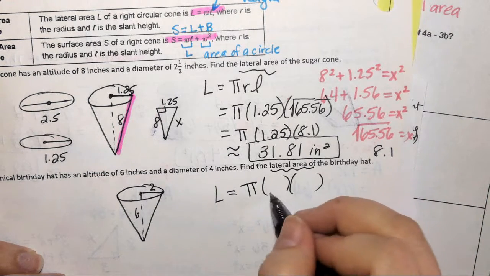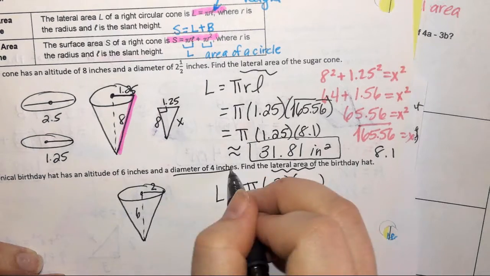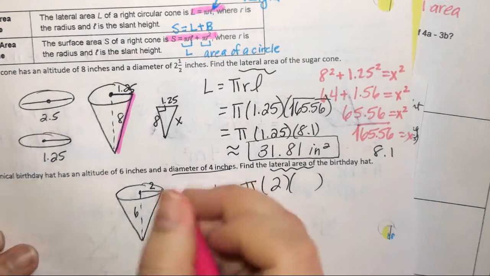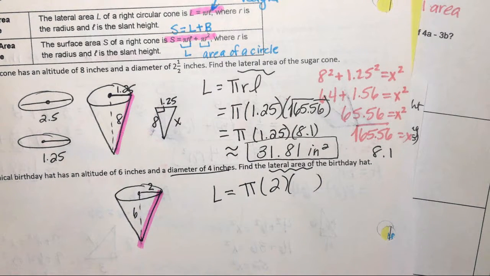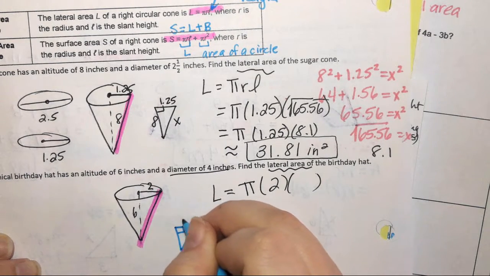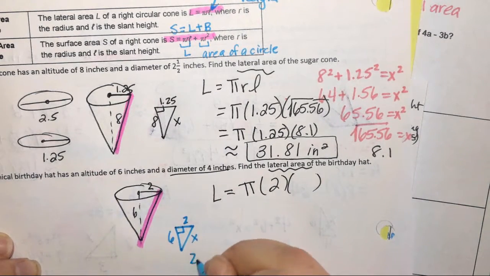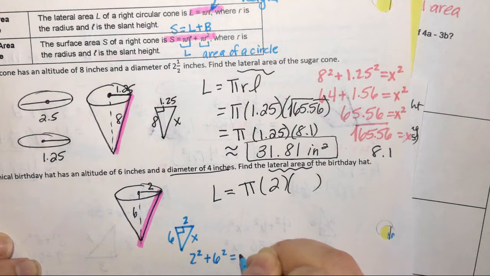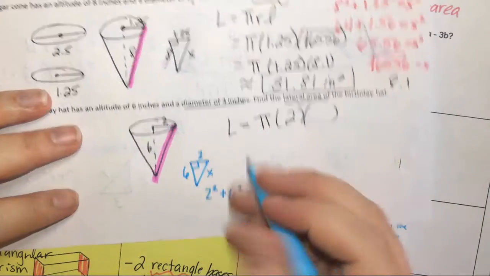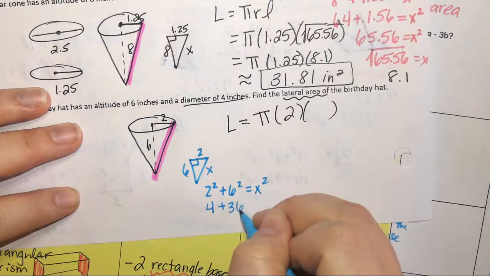Okay, my radius is 2 because my diameter was 4. I need to find the L because I don't know that. Someone please tell me how to set up the Pythagorean theorem. Thank you. So 2, 6, and x, I'm going to do 2 squared plus 6 squared equals x squared. So I have 4 plus 36 equal to x squared.